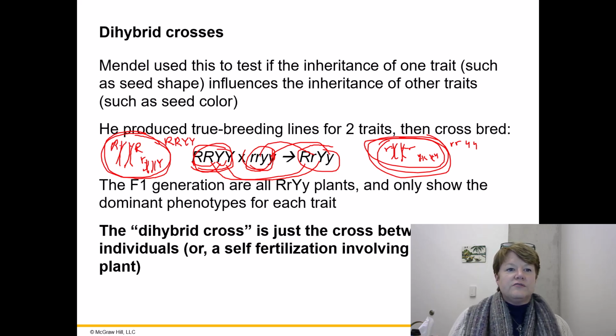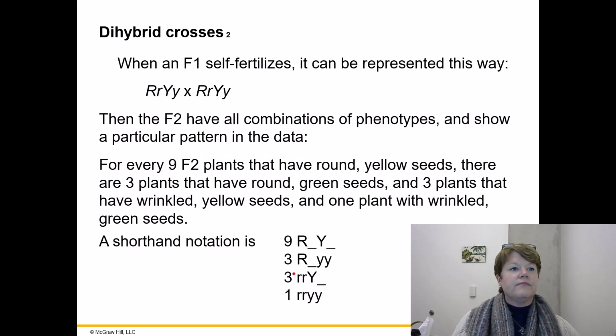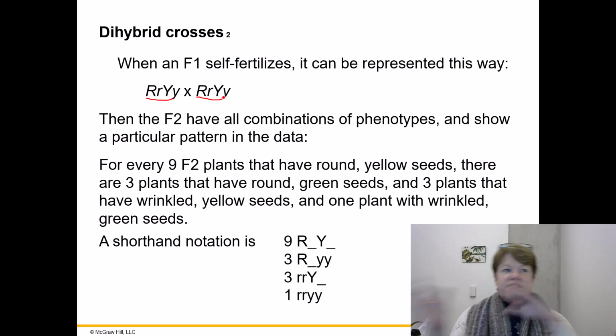But what gets interesting is when you cross two of these individuals to each other, then you do have a bunch of possibilities that you could get in the offspring. And so when the F1 self-fertilizes, it's like crossing it to itself.